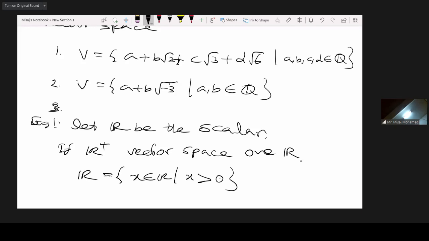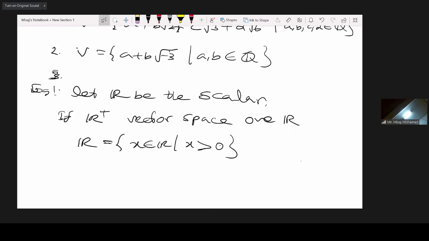Write it down in the CR book and submit as assignment 1. You have to check all the properties; if at least one of these properties does not hold, then this is not a vector space.